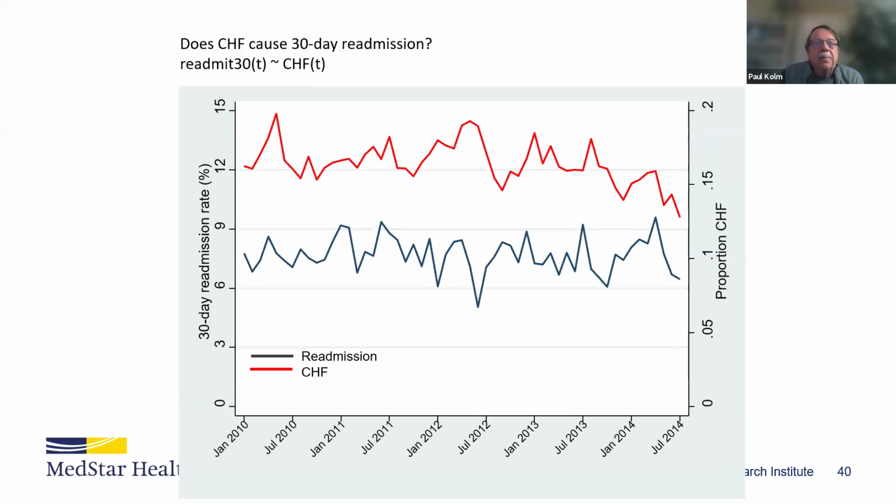So here's the same thing for congestive heart failure. We would plot our time series for readmissions and our time series for whether a person has, or in this case, what we would be plotting would be the proportion of patients at any time point that have congestive heart failure.